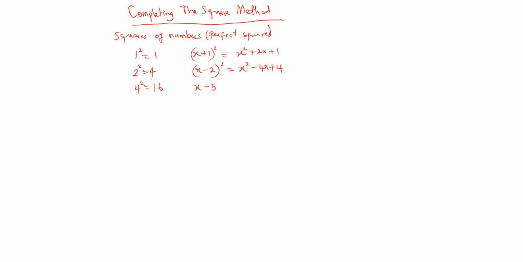You can even let them work in groups and produce different examples. Each group can give us 10 different squares of binomials. So (x - 5) squared, for example, will give us x squared minus 10x plus 25.